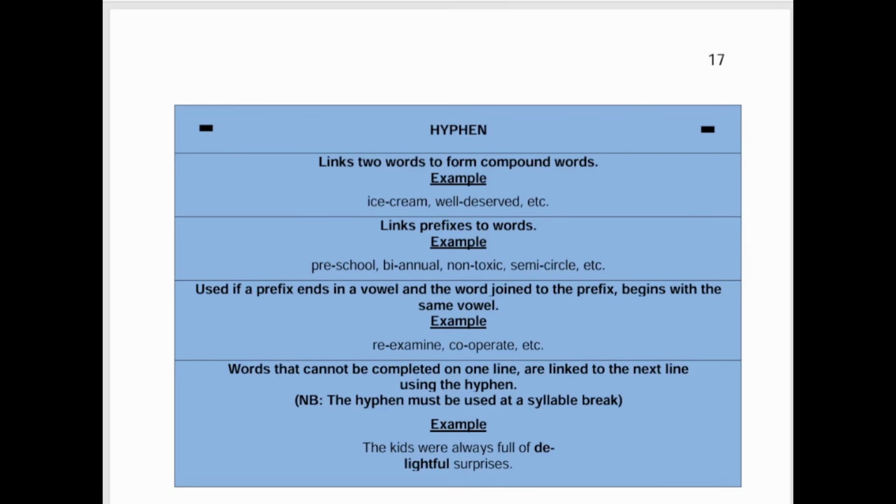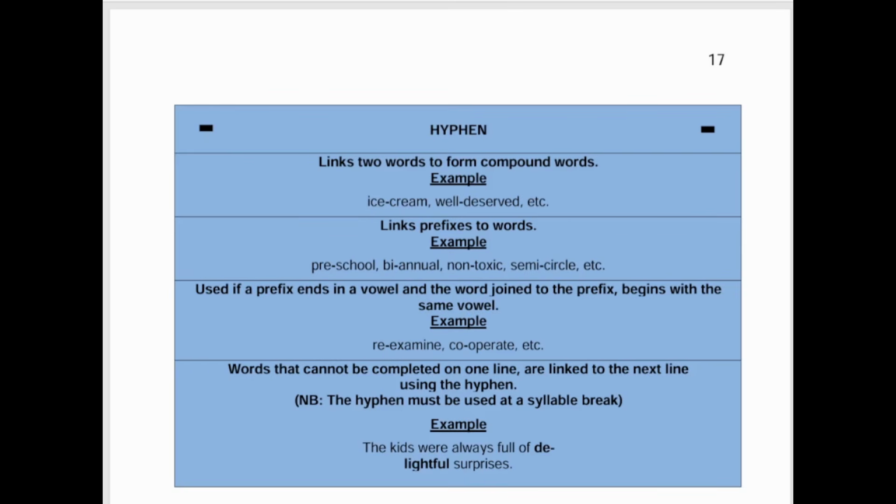Compound words are words that have been made by two words. Then the second use of a hyphen: it links prefixes to words. Examples: pre-school, bi-annual, non-toxic, semi-circle.